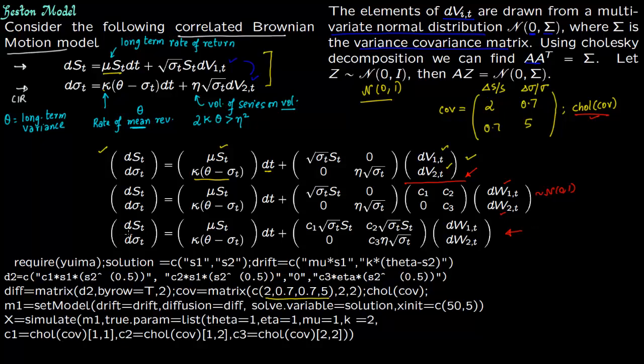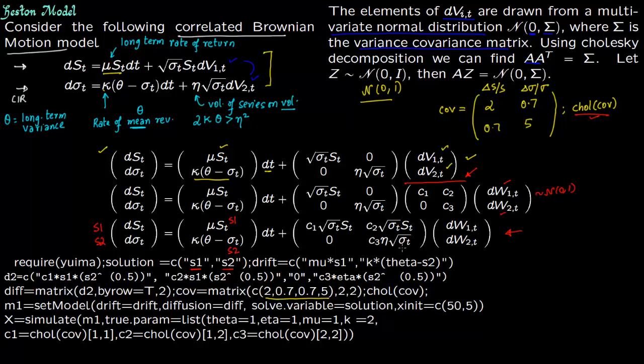So what we are going to do is call this variable S1 for stock price and S2 for volatility. So we're going to solve for S1 and S2. Your drift is mu S1 and K times theta minus S2. So theta minus S2, because this you are calling S1, this we are calling S2. Similarly here, this will be square root of S2.